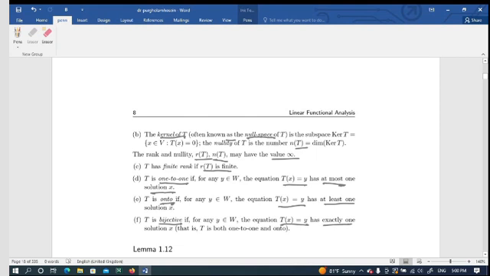When T is bijective, it must be both one-to-one and onto. So a bijective transformation is one-to-one and onto.